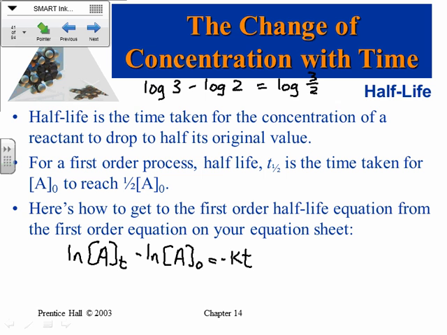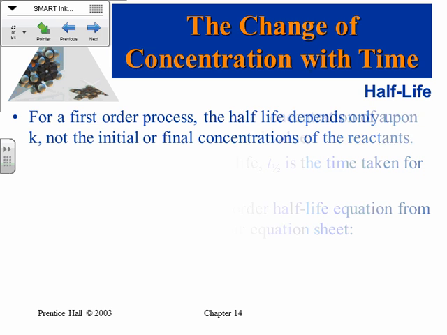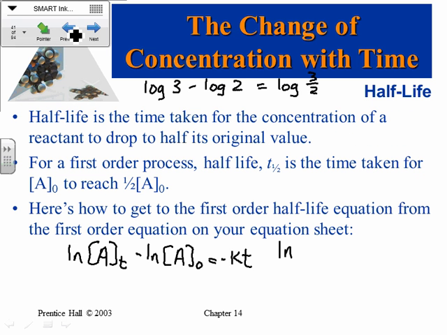So if you've got this and you've got this, you can actually rewrite this as the natural log of A at time t over A at time 0, and that's equal to negative kt.